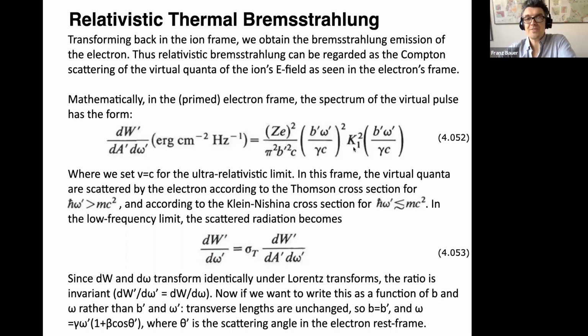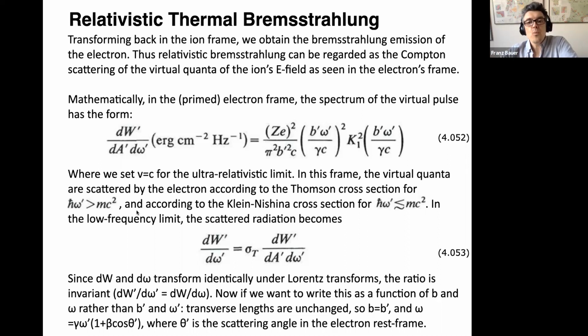The modified Bessel function squared of the first order. We also have our impact parameter, our frequency, and our gamma. And we've set the velocity here equal to the ultra relativistic limit, because this is going to be a virtual quantum for the moment.